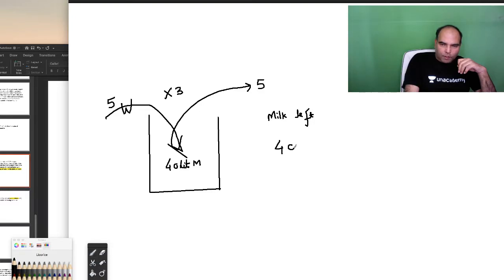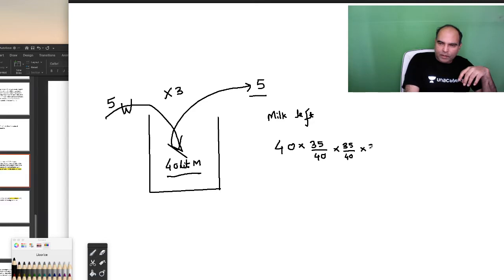The original quantity of milk is 40. Multiply it by the fraction of the original liquid that you're leaving behind. So out of 40 liters, if you're taking out 5 liters, you're leaving behind 35 liters. So the fraction left behind is 35 by 40. And the second time the same thing is happening, and the third time also the same thing is happening.